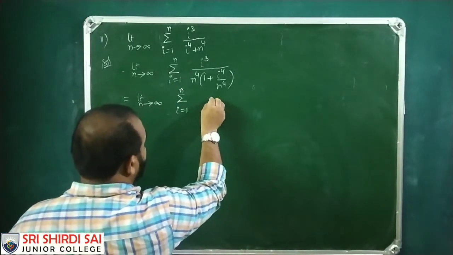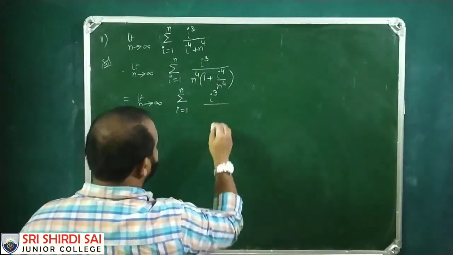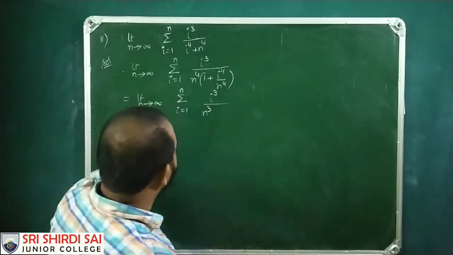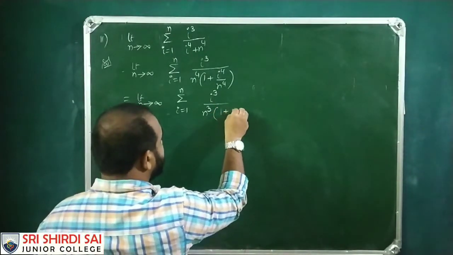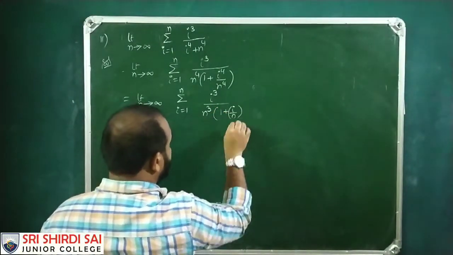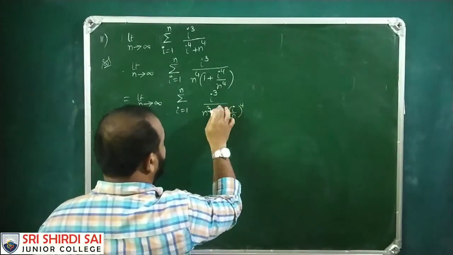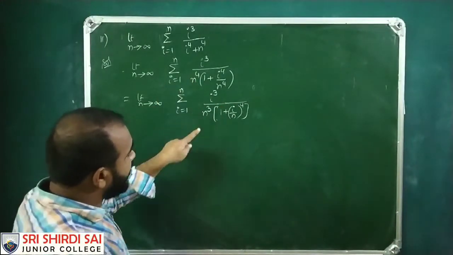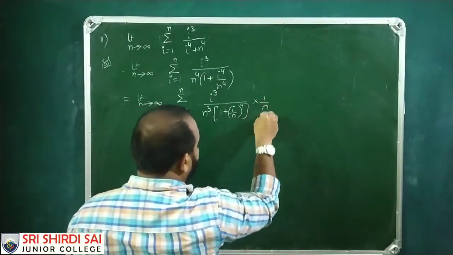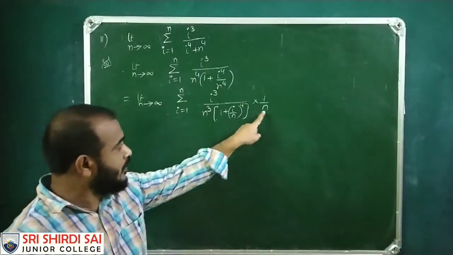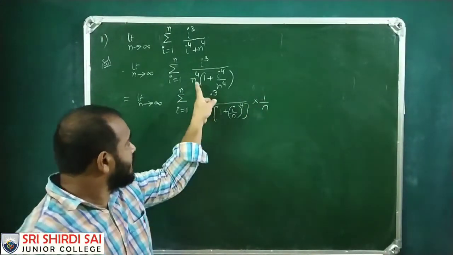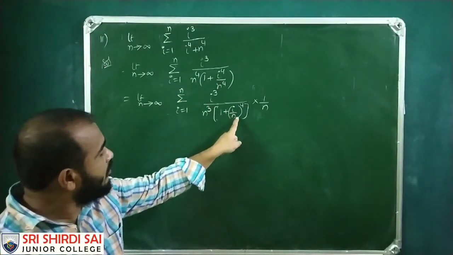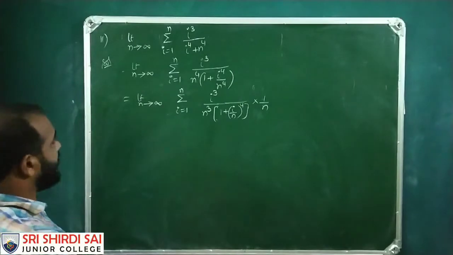So this is i cube by n cube, i cube by n cube into 1 plus i by n whole power 4, into, n power 4 is n cube into n, so I have written n cube and 1 by n extra. i power 4 by n power 4 is i by n whole power 4 I have written.